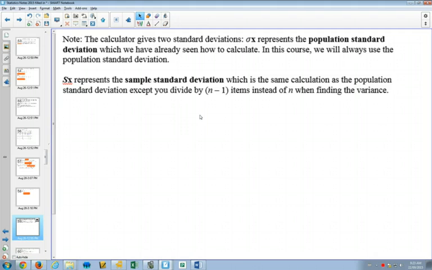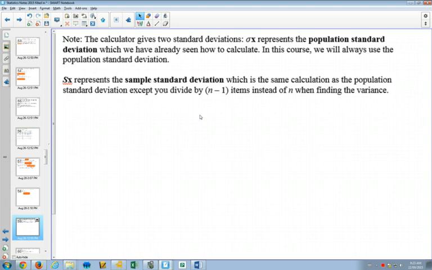Now, we're mainly going to be using sigma. And on our calculator, we have 2 standard deviations. The sigma one is the population standard deviation. So we will always use that. Once you get into university and you're looking at some more of the fine details of different standard deviations, sometimes you'll look at sample standard deviation.